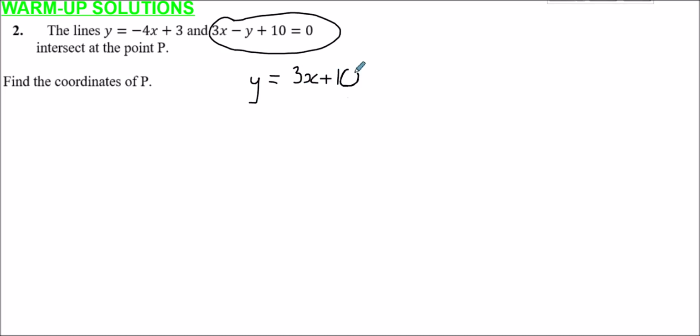So now both are of the form y equals, I can equate these two expressions for y. So therefore, we can say that minus 4x plus 3 is going to equal 3x plus 10 at the point of intersection.